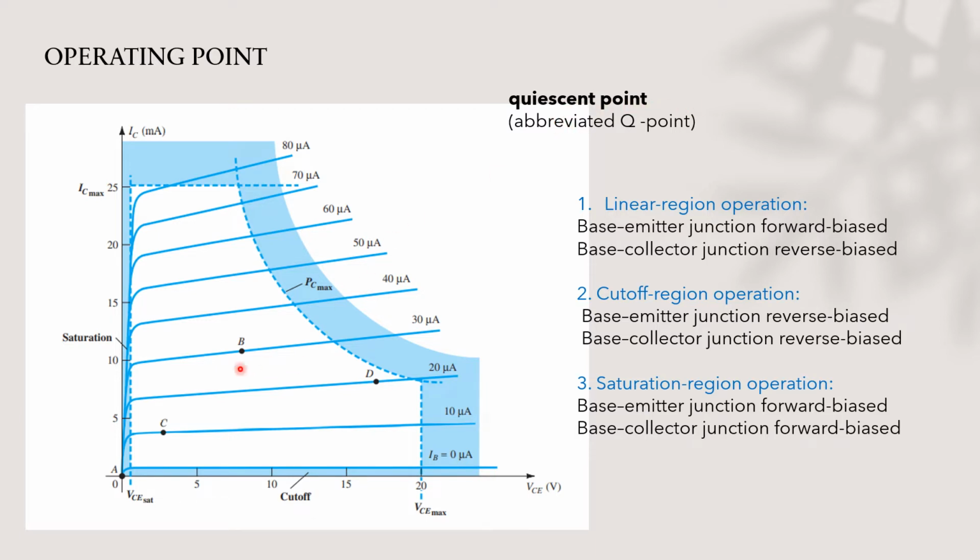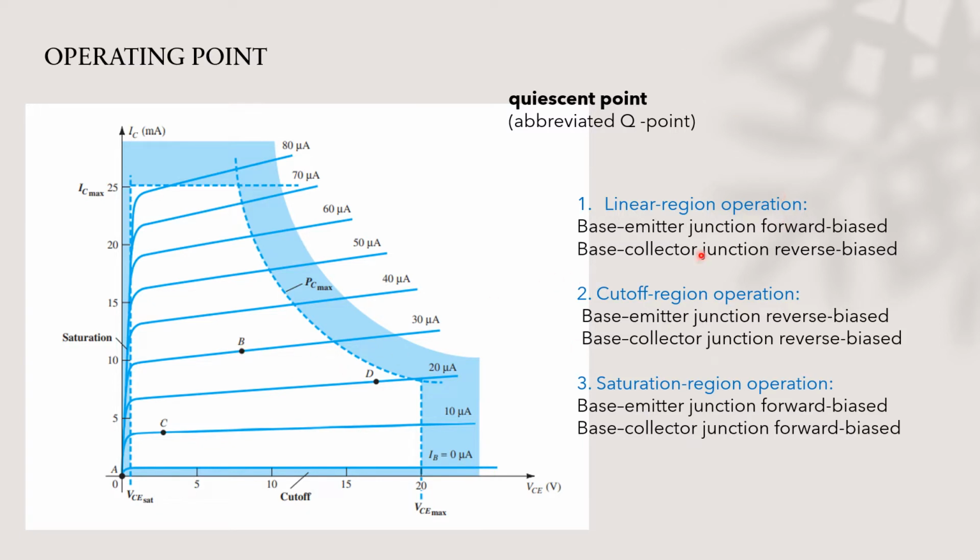These are the points designated as A, B, C, and D. These are called the Q point, quiescent point, wherein quiescent means silent or quiet. This is the portion wherein the transistor is in operating mode.